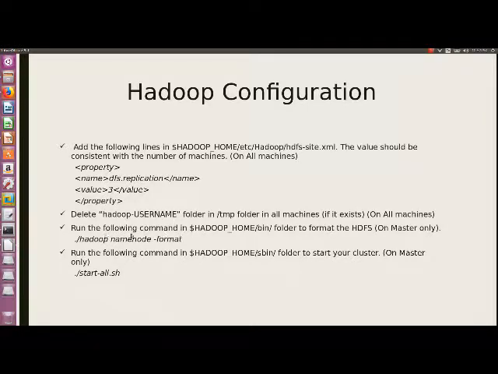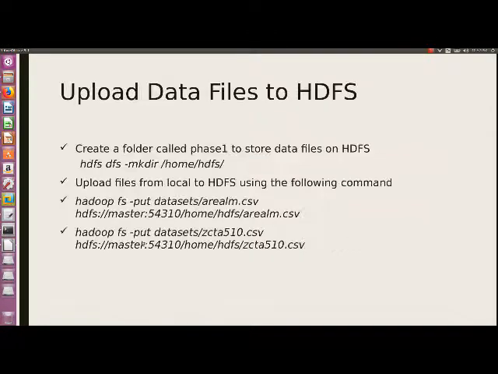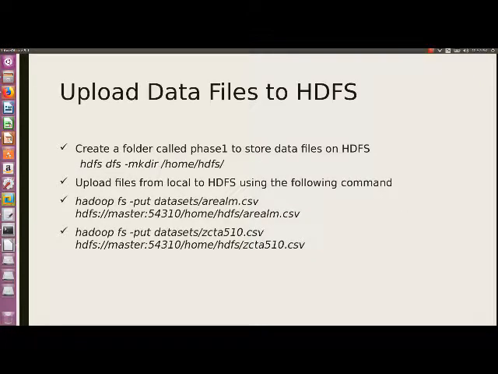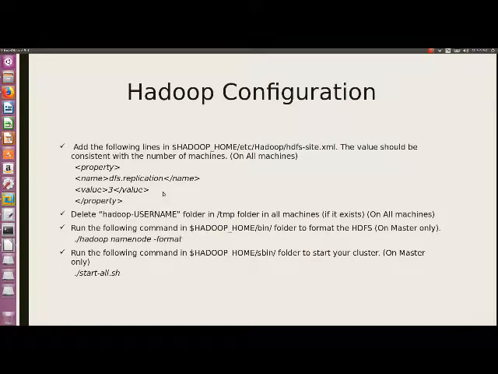Then on the master node, we first format the name node so that there is no data on the name node. Then we push the dataset files, the CSV files, which are given as part of the assignment question, to HDFS on the master node, and then we start the Hadoop instance on the master node.